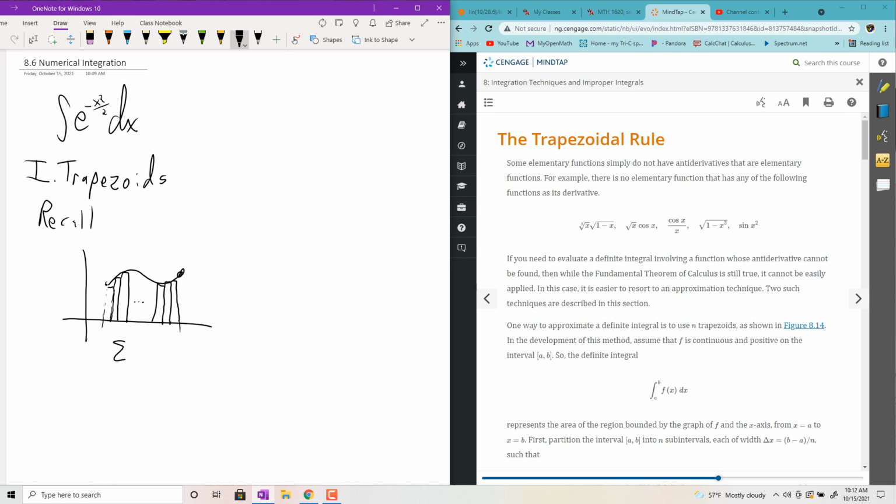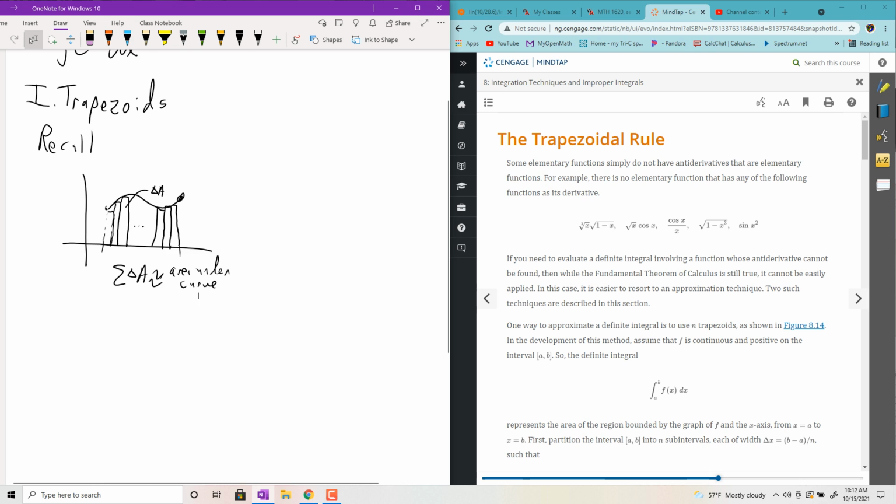So the sum of these little things, we'll call them delta A's, is approximately equal to the area under the curve. And then when you took the limit of that thing, you would actually get the integral, assuming some criteria were fulfilled. Okay, so you've kind of already done this, is what I'm saying.